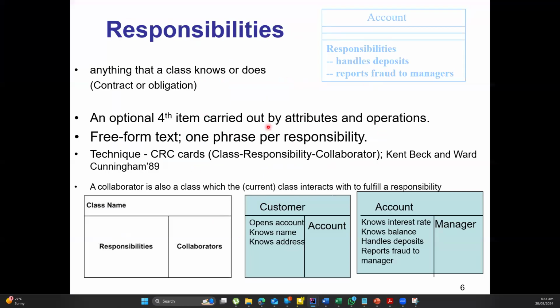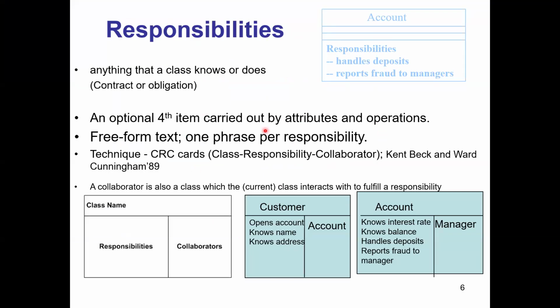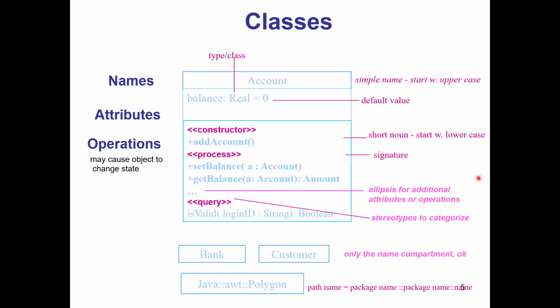Now, in class diagram, we have something called responsibilities. Oh, sir, please, I have a question. Okay, what is your question, please? Please, let's go back to the class diagram you showed us before. You explained it, but I just want some clarity. Where we have the package, we have Java, AWT, and then Polygon.